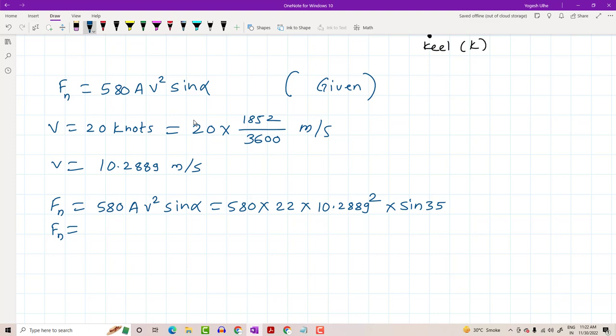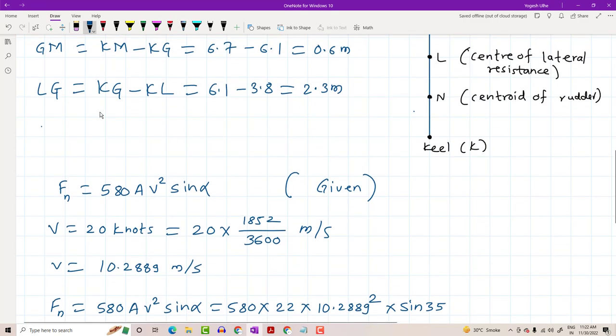If you do the calculation, we will get Fn as 774782.6168. The unit will be Newton.